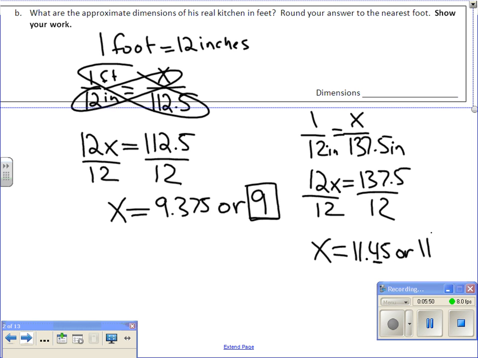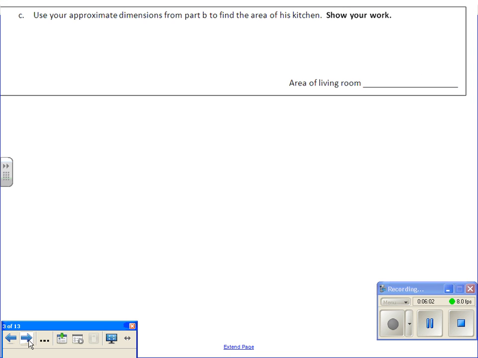So 11 feet. Okay, so we're going to have 9 feet by 11 feet.